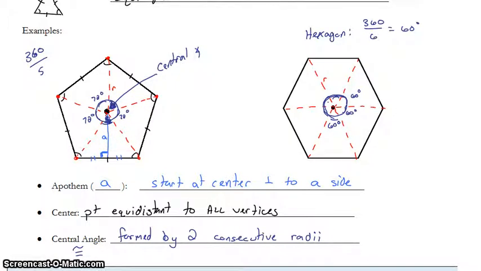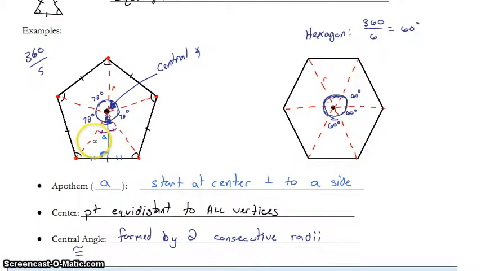Now what that doesn't include is this angle formed from a radius to the apothem. That's not 72, that's not a central angle, only from the radius to the radius. But, and this is tricky to remember, this apothem bisects your central angle.